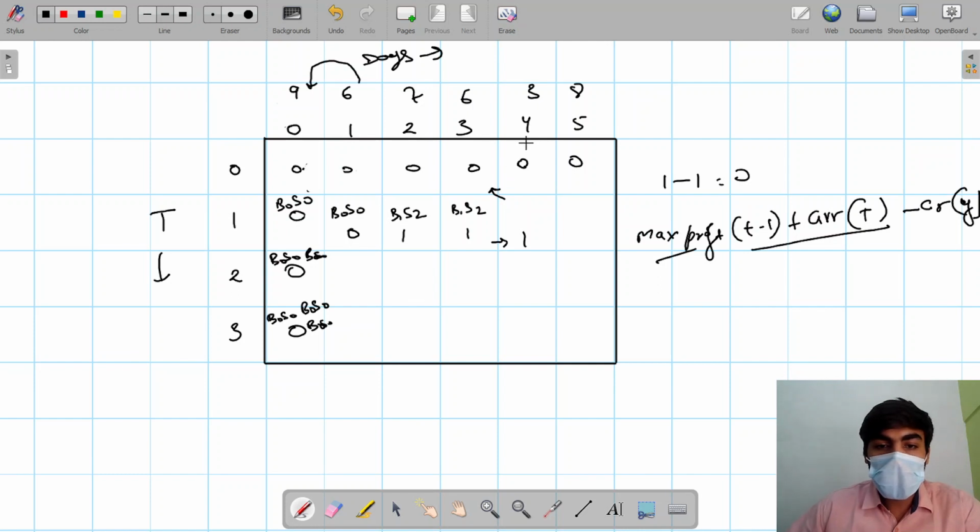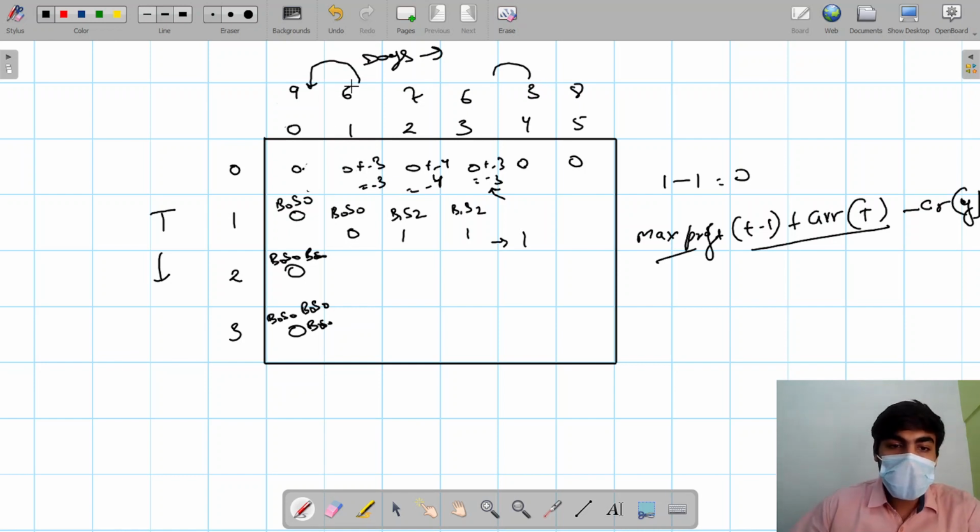When we calculate for the previous one, we get 3 minus 6, which is minus 3. 3 minus 7, we get minus 4, 0 plus minus 4, minus 4. 3 minus 6, again minus 3, 0 plus minus 3, we get minus 3. 3 minus 9, we get minus 6.